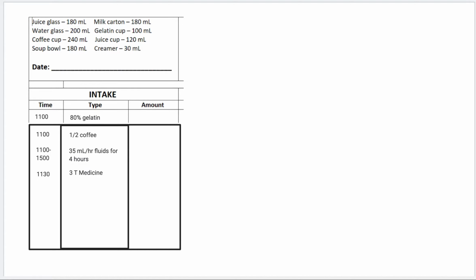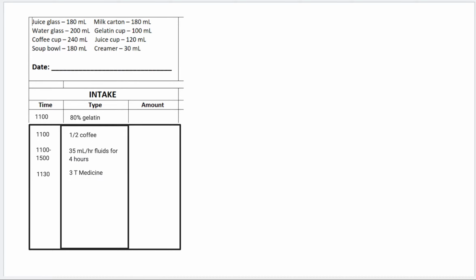Same thing with the water glass, coffee cup, soup bowl, milk carton. Gelatin, although you might think that's a solid, if it were to sit at room temperature, it would turn into liquid. So a gelatin cup is actually liquid. That's going to be 100 milliliters.